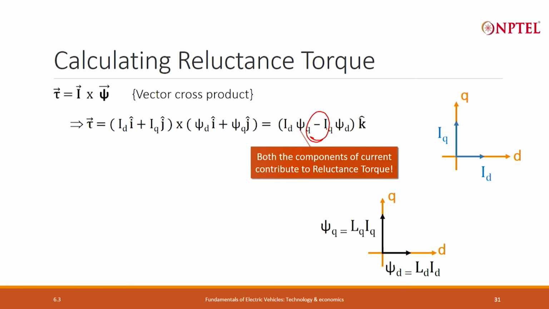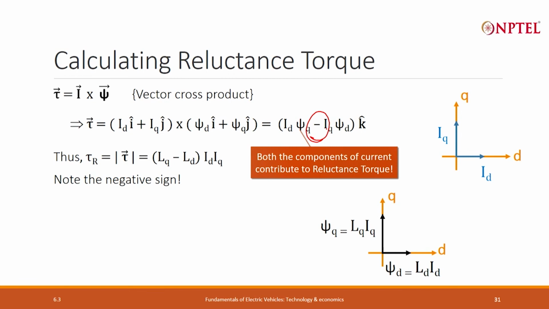The xi d has hidden inside it LD ID, therefore ID is also there. So, magnetic torque was contributed only by IQ, but the reluctance torque is contributed by both ID and IQ. In fact, it is contributed by the product of ID and IQ. So, this is how the equation will expand. The torque is LQ minus LD into ID IQ, and I want you to notice that there is a negative sign.